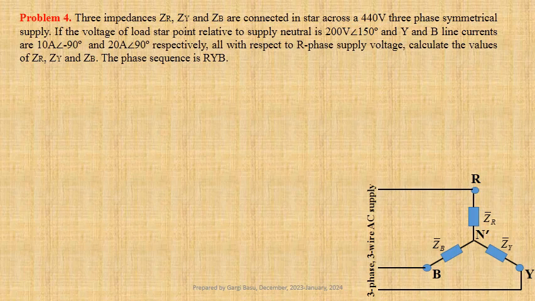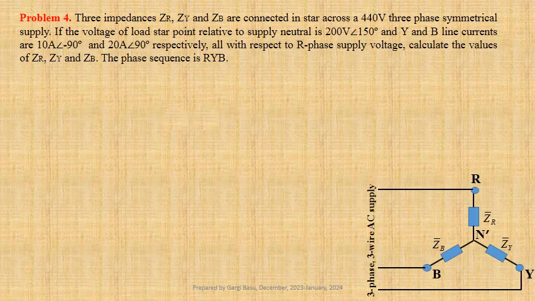If the voltage of load star point relative to supply neutral is 200 volt at an angle 150 degree and Y and B line currents are 10 ampere at an angle minus 90 degree and 20 ampere at an angle 90 degree respectively, all with respect to R phase supply voltage, we have to determine the values of ZR, ZY and ZB when phase sequence is RYB.